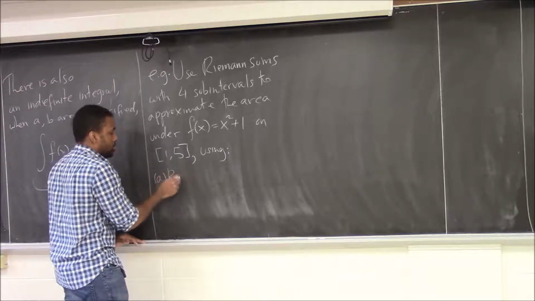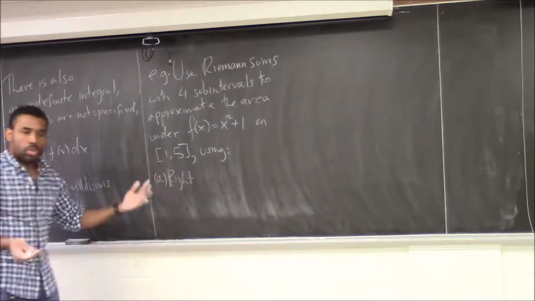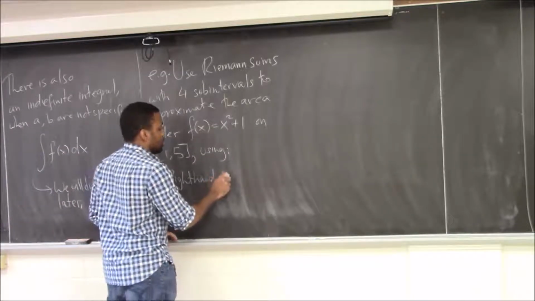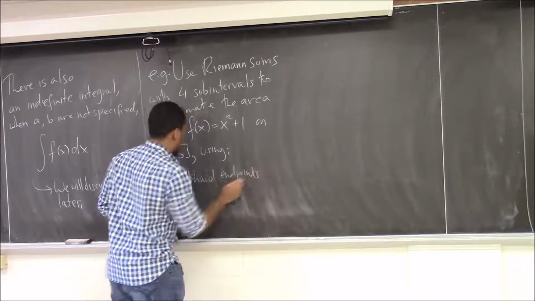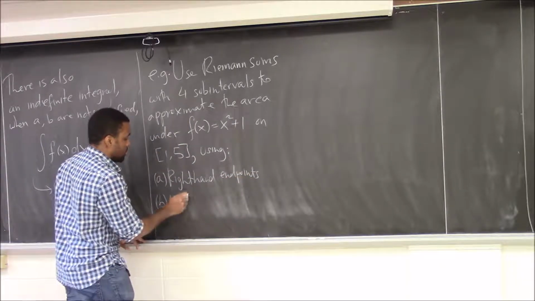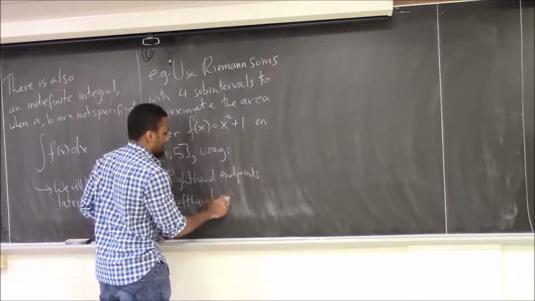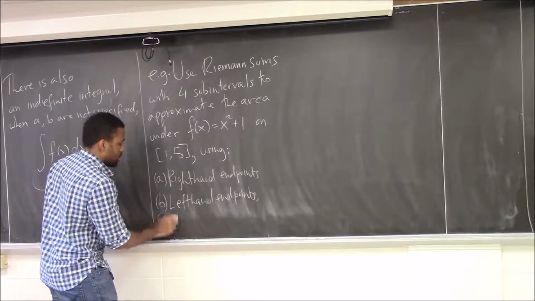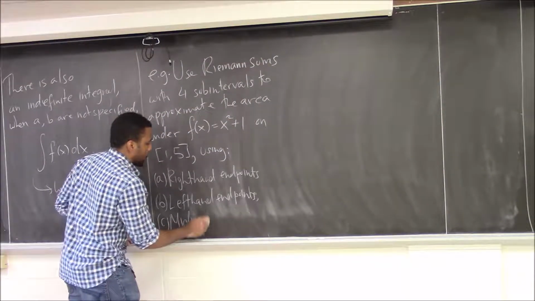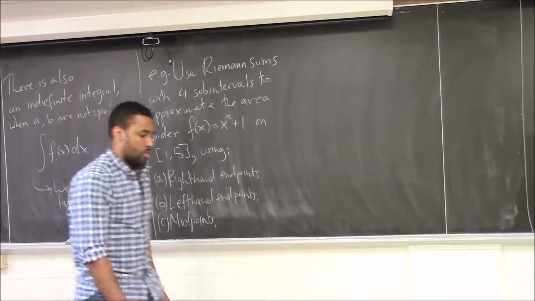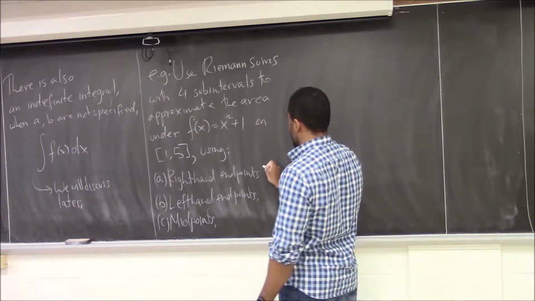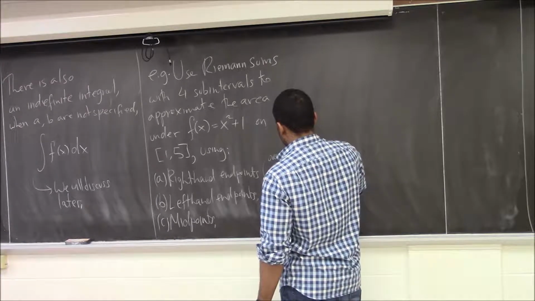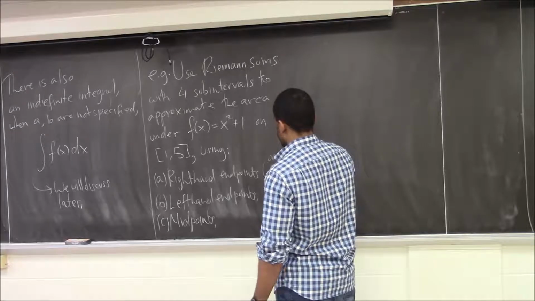A, right-hand endpoints. Like in a test, I probably would only ask you about one of them, but let's do all 3 to make sure we fully understand how they work. B, left-hand endpoints. C, midpoints. In addition, just for part A, tell me if you think it is an overestimate or underestimate.